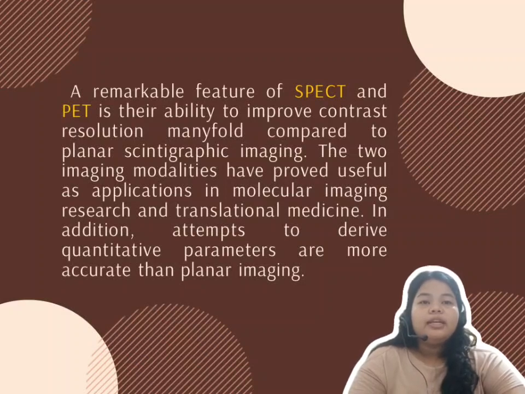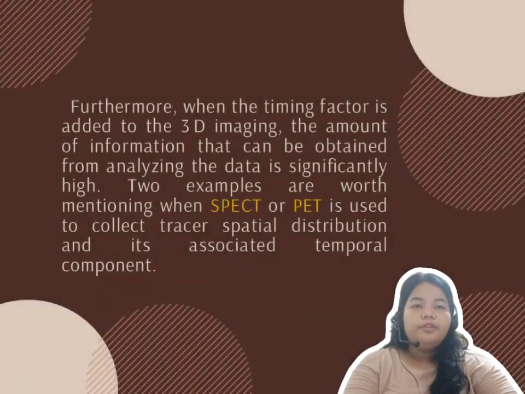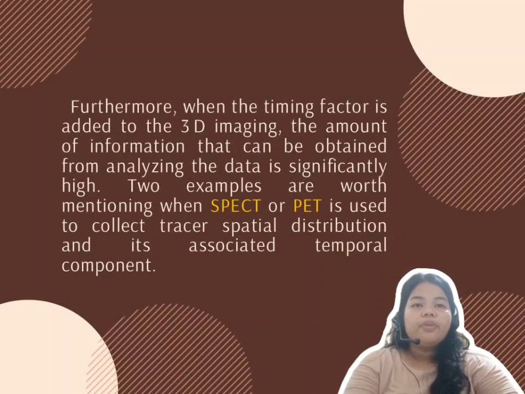In addition, attempts to derive quantitative parameters are more accurate than planar imaging. Furthermore, when the timing factor is added to 3D imaging, the amount of information that can be obtained from analyzing the data is significantly high. Two examples are worth mentioning, when SPECT or PET is used to collect tracer spatial distribution and its associated temporal component.